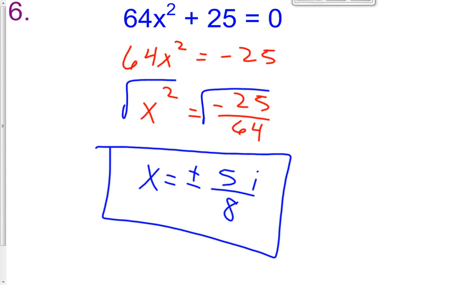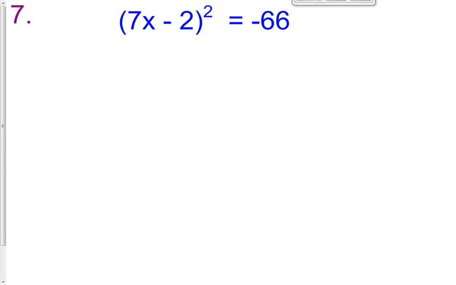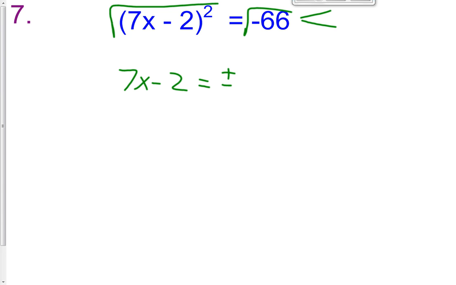Last one, number 7, is probably the trickiest one of today, but nothing terribly difficult. I need to square root both sides right away. And so 7x minus 2 equals the plus and minus square root of negative 66. It doesn't have too many factors. It has 1 times 66, 2 times 33, and 3 times 22.